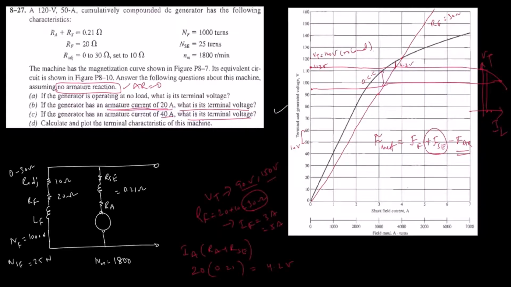So in this case, 4.2 volts. Now we have to add this series field MMF into consideration. What is the equivalent series field MMF? 25 turns and armature current of 20 amps, divided by the total number of field turns, 1000.